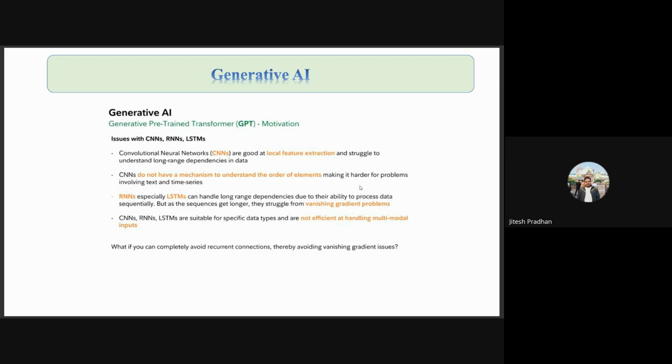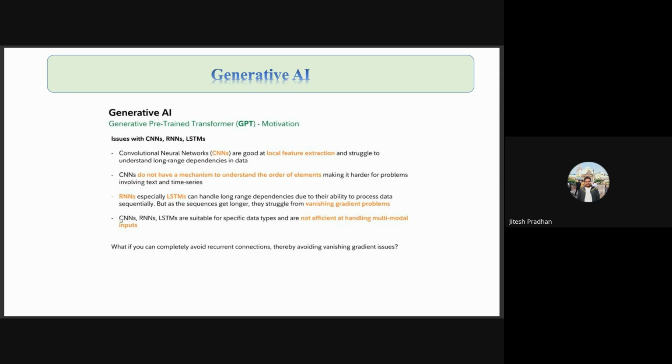It means that when the gradient is propagated from the top layers, the layers near the output, to the initial layers, the gradient becomes 0 or nearly 0. So the initial layers won't get updated, so they won't get trained. That's why LSTM suffers from the vanishing gradient problem.